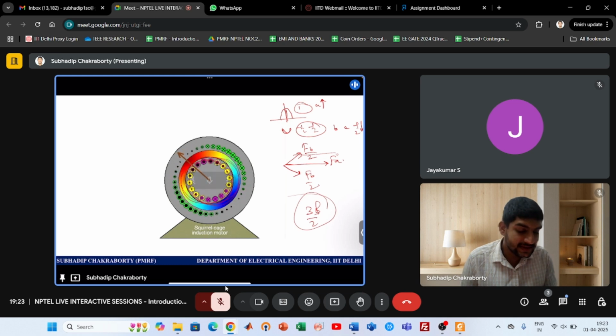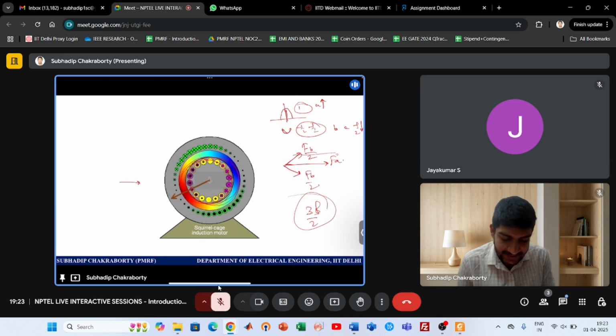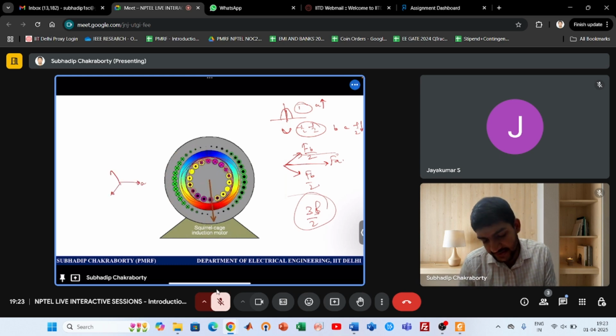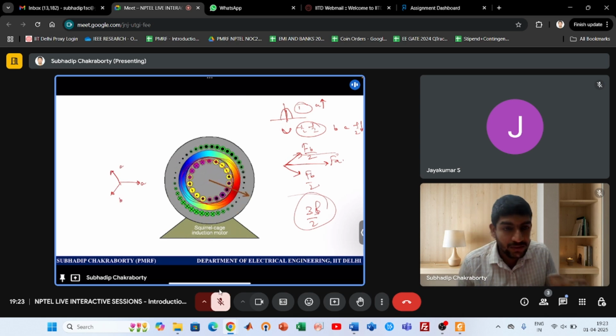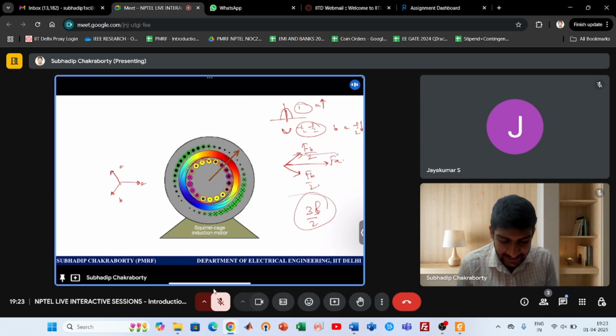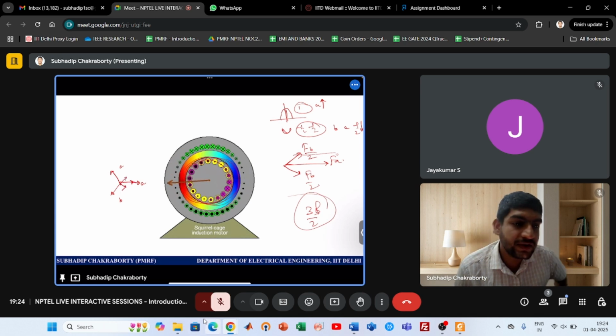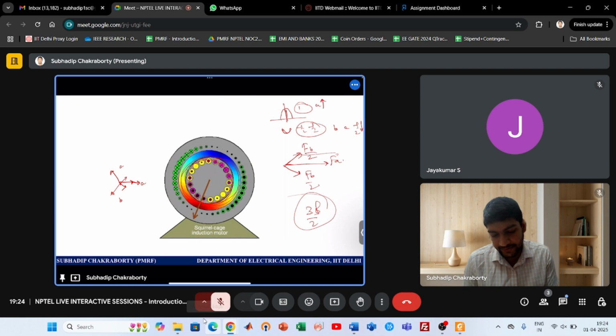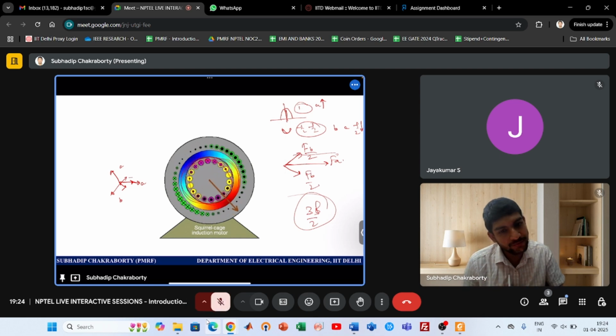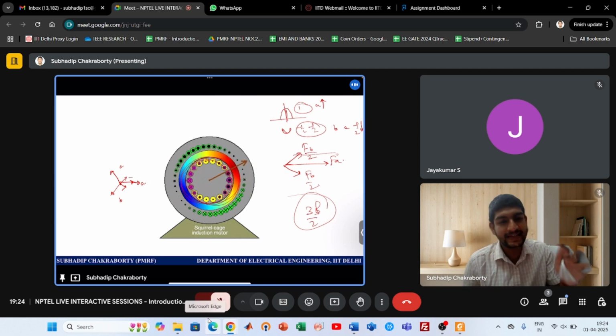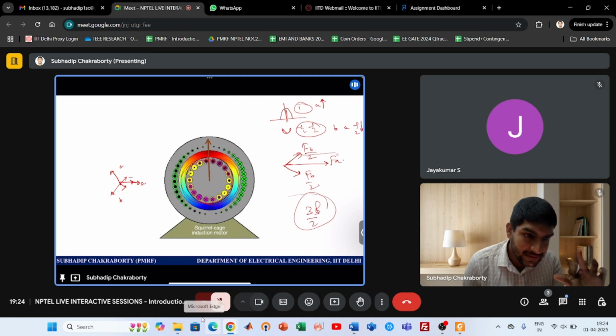Why is it so? Because A phase was like this, B phase was like this, C phase was like this. But how does the flux look with time? When A phase is maximum, B and C are negative half, so it will flip. So when you add them, you will get the flux in one direction only. At any time you add, I told you the flux will be constant.